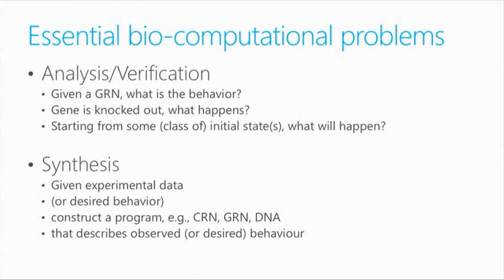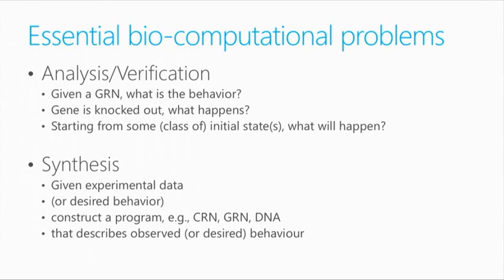And then here's a sort of gross overview of what the essential bio-computational problems are. Like I said, there's analysis and verification tasks where we want to find out what happens when a gene regulatory network is actually put into nature and it runs.